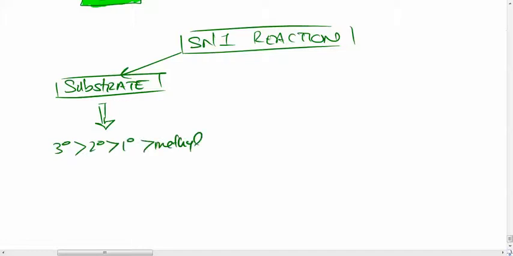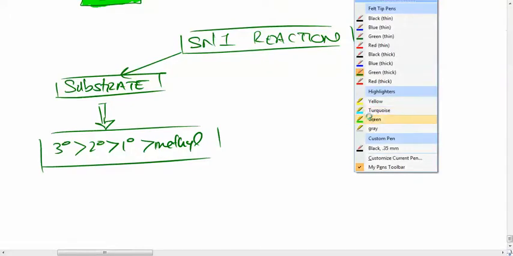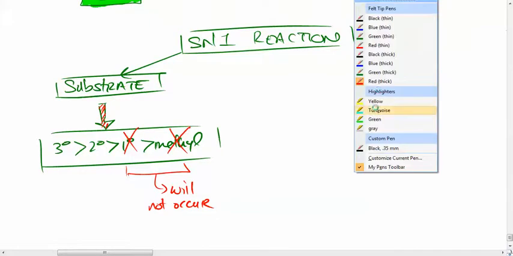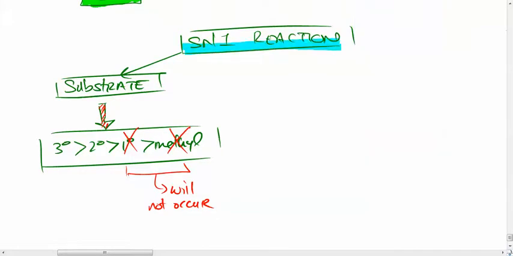Then which one did we say would not happen? Methyl or primary. Okay, so these ones will not happen.